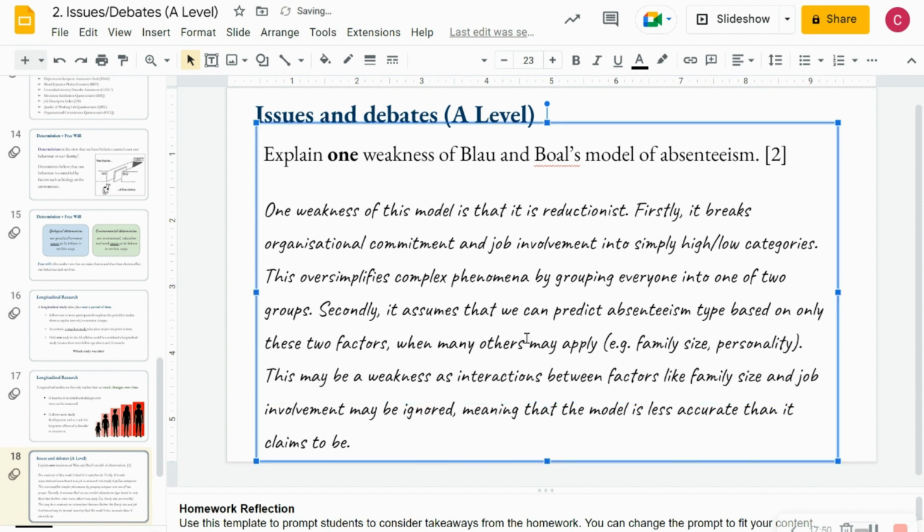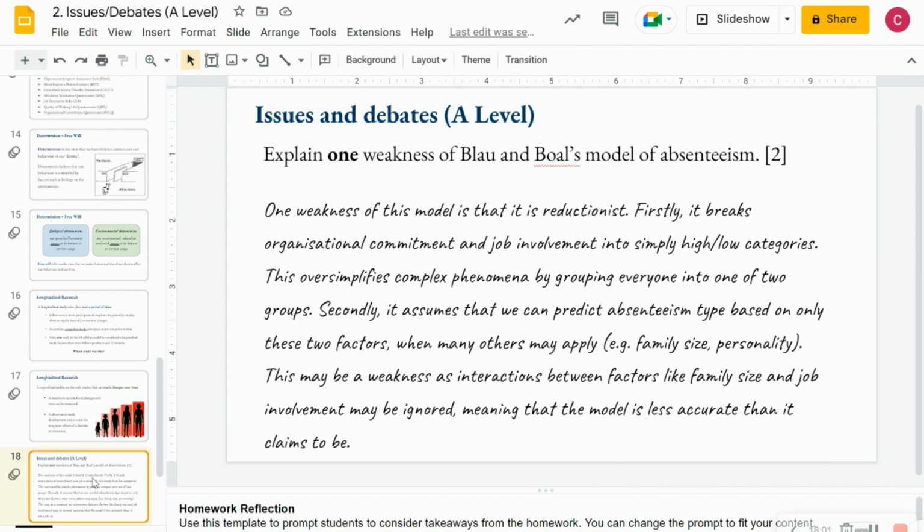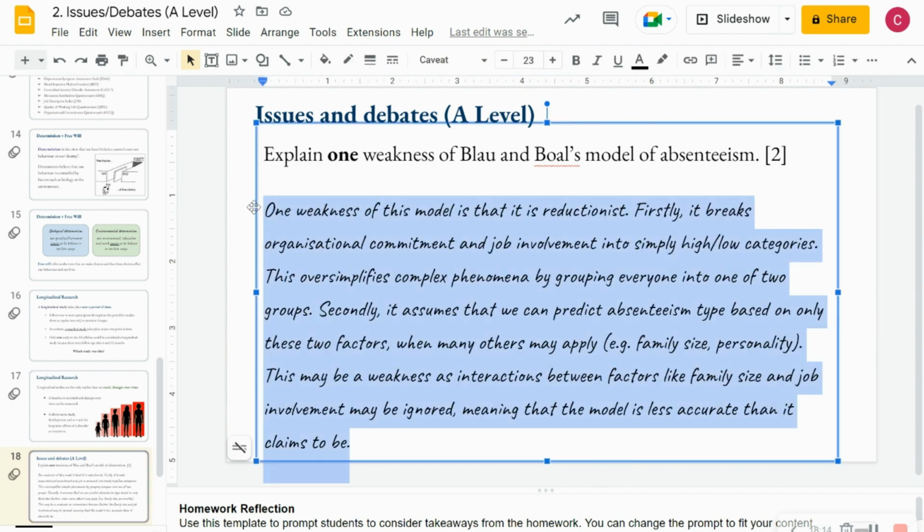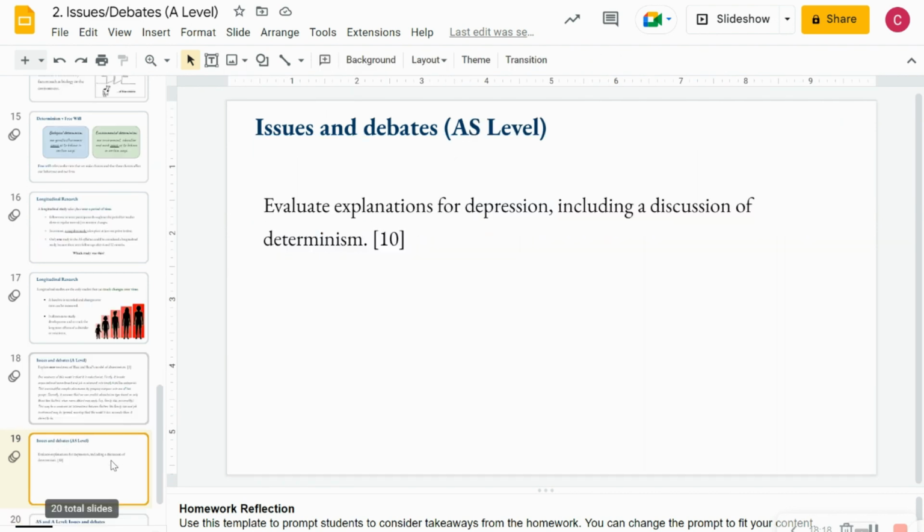You can pause and do so. That would get you 2 marks. We're stating the weakness, it's reductionist. Then we explain why it's reductionist, and then we explain why that is a weakness. You may notice that for 2 marks, there's a lot more here than at AS level. It's a lot harder to pick up 2 marks at A level than AS level. Make sure you're writing enough. Maybe not quite this much is necessary, but certainly more than one sentence is necessary.